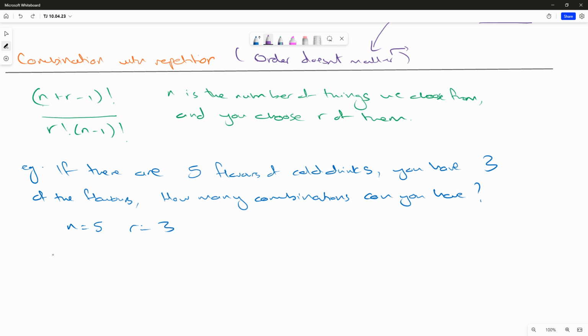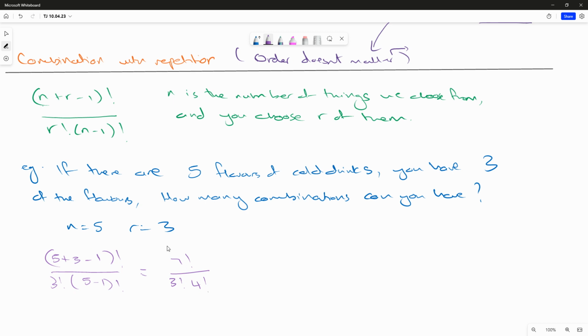So if I put 5 plus 3 minus 1 factorial over 3 factorial and 5 minus 1 factorial, then I'm actually getting 5 plus 3 is 8 minus 1, which is 7 factorial, 3 factorial, and 4 factorial at the bottom there.